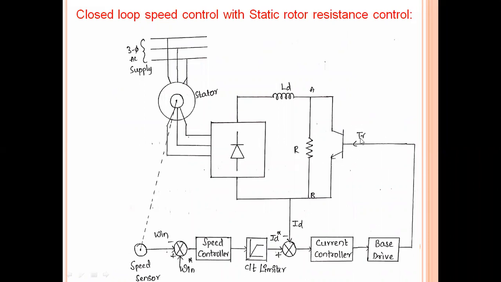Based on the pulse given along with its duty ratio, this chopper circuit will operate. So the duty cycle is controlled from this pulse. We know that if the duty cycle is controlled, then the effective resistance between A and B terminals will also be controlled. Just now we have seen the derivation. So this is how we can change the static resistance with the help of closed loop operation with static rotor resistance control.